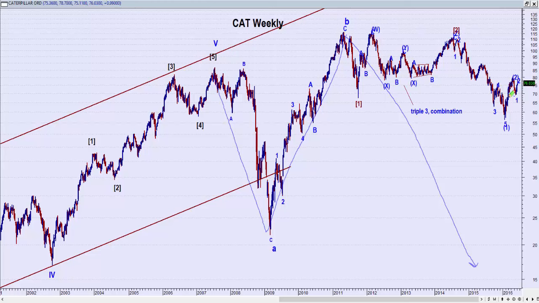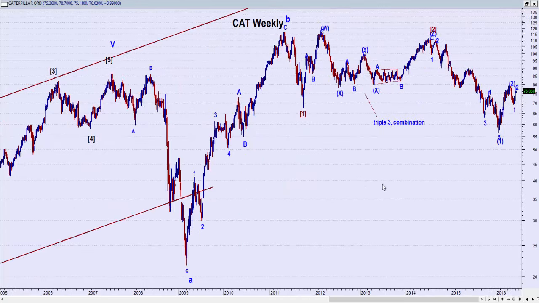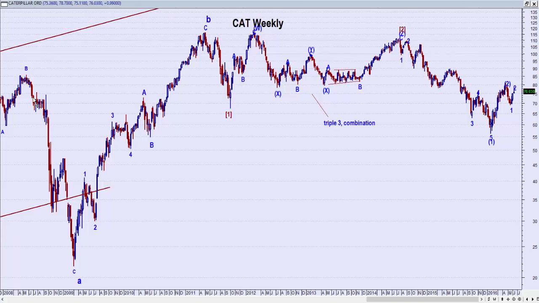So right now, this got a little complicated and a little bit messy, so let's zoom in a little bit. Right now, I believe we're working an A, B of a very large super cycle type top.